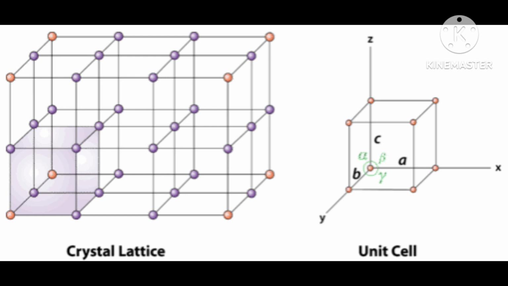But in addition to this, if some particles are also present, then this is actually called a centered unit cell. Other than corners, in addition to these, it is called a centered unit cell.